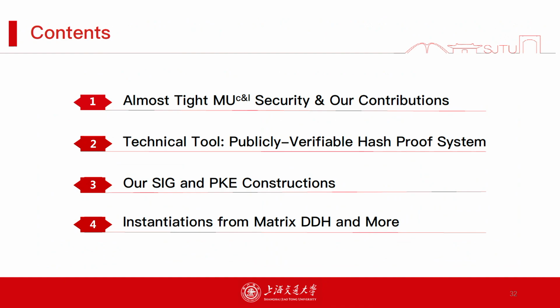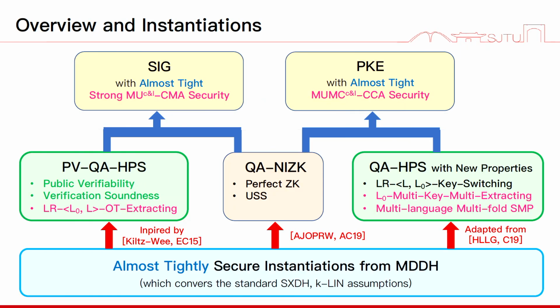Finally, I will show the instantiations from matrix DDH. We instantiate the building blocks behind our generic constructions. More precisely, we instantiate PVQA-HPS by using the asymmetric pairing groups to accomplish the public verification of hash values, inspired by the QSV.